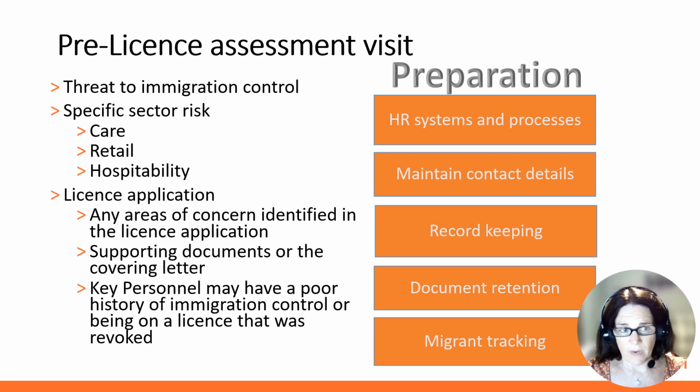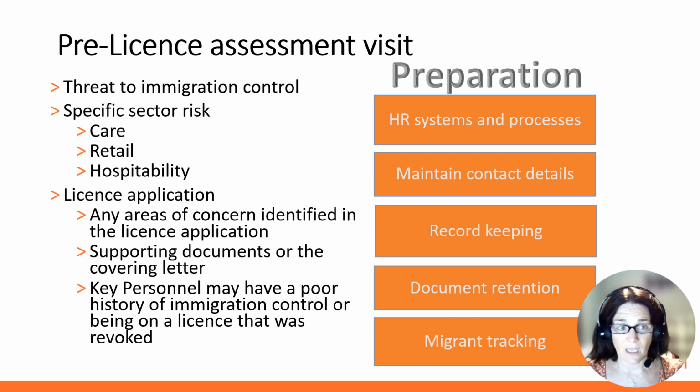There may have been information that caused concern contained within the licence application or in the supporting documents, or the covering letter, or information that has been available in the public domain.